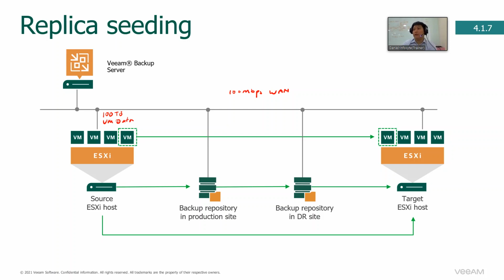Now, if you utilize the 100 meg link to copy 100 terabytes of data, it will require very, very long periods of time, and you will congest the entire link for all this data transfer. And sometimes due to slow performance, timeout, etc., the replication usually will fail. That's why it's not a good idea to actually send all this data directly over the WAN link sometimes.